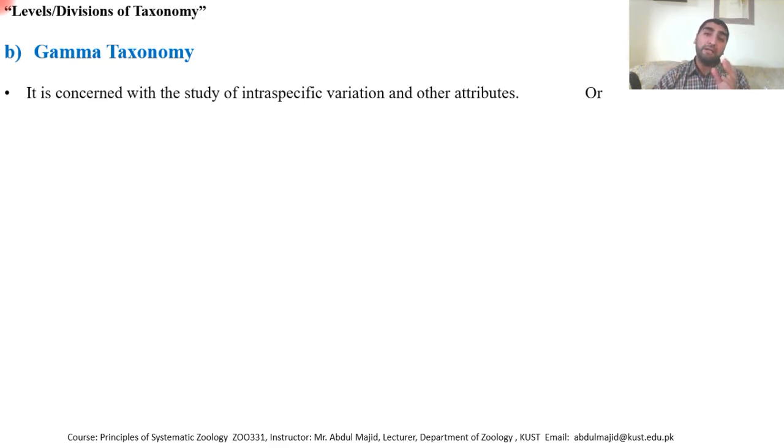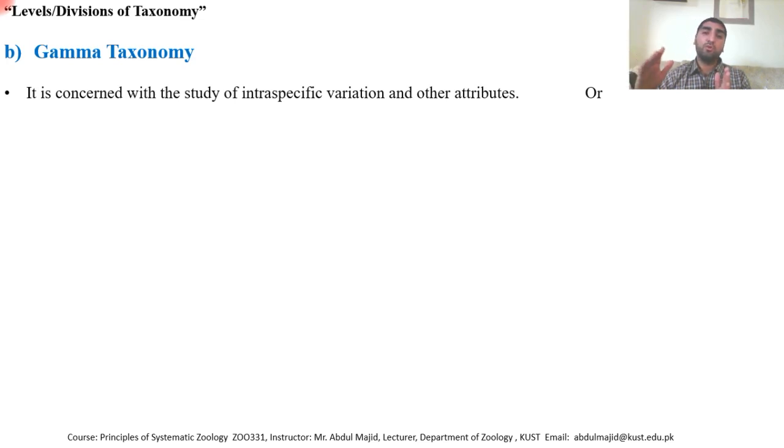Now you are at gamma level because you passed through species level, and now you are in subspecies and intraspecific variations. This level is a bit more complicated.